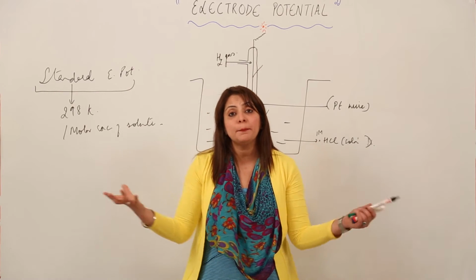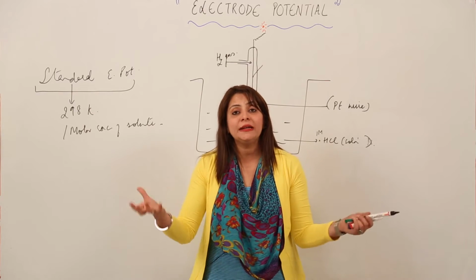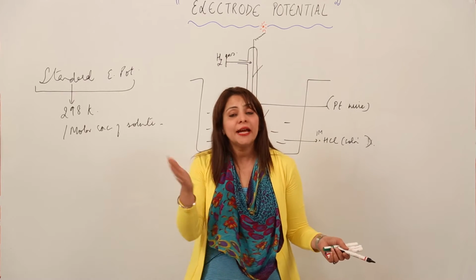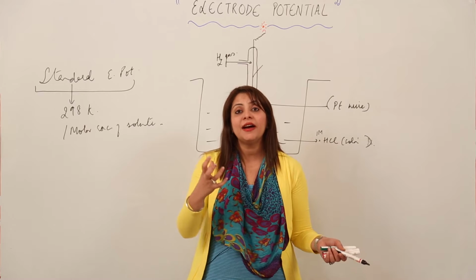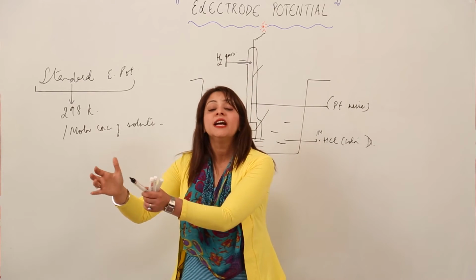There needs to be a couple present, that means two beakers, two half cells, in which the oxidation and reduction will occur. Then only we can have the value. That means we cannot have the accurate value for this electrode potential, right?